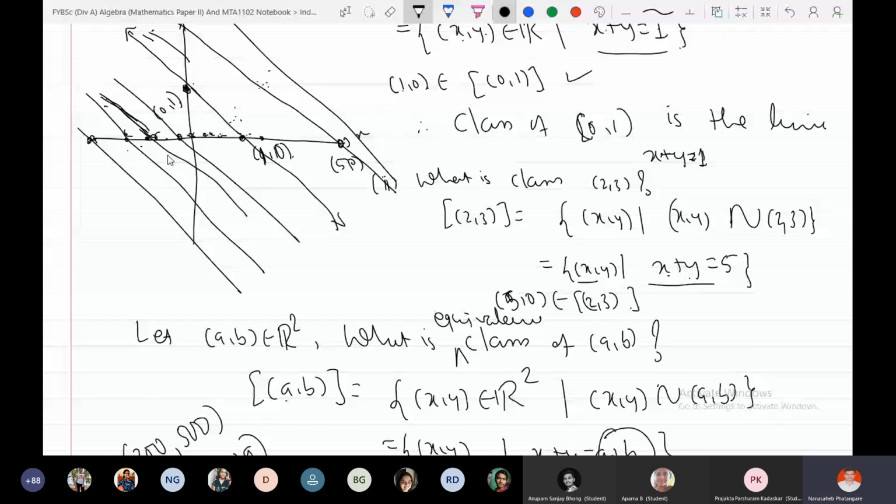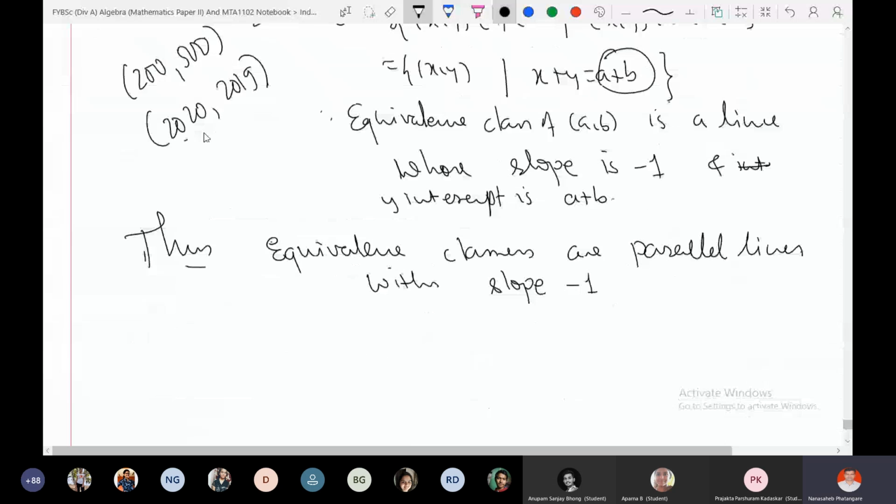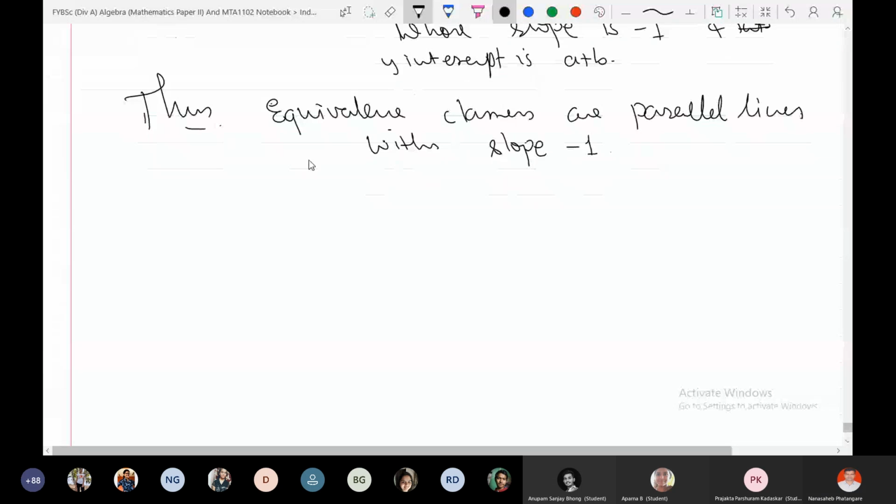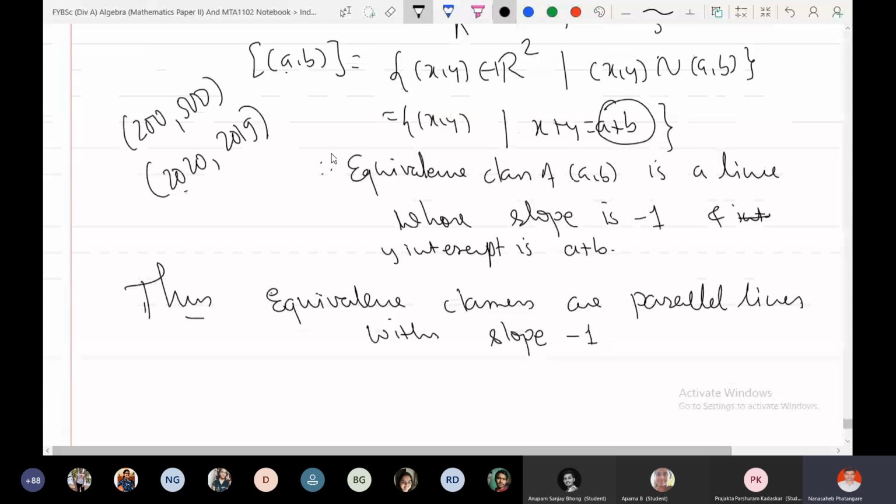And how many classes? There are many classes. After this line there is the next line, and after this there is another. There is no gap at all. That is difficult to see, but there is always one more line very close. So if you combine all these classes, we will get the entire set, that is R2. That is what the relation is.